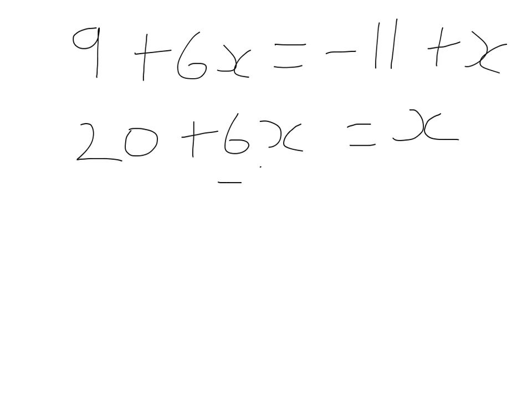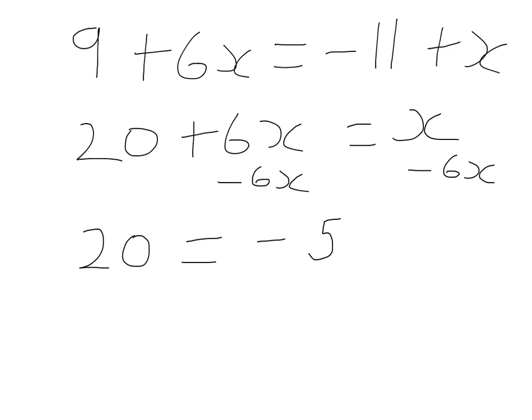So if I subtract 6x, I've got 20 equals minus 5x, because x take away 6x will leave me minus 5x. If I divide both sides by 5, I've got 4 equals minus x.